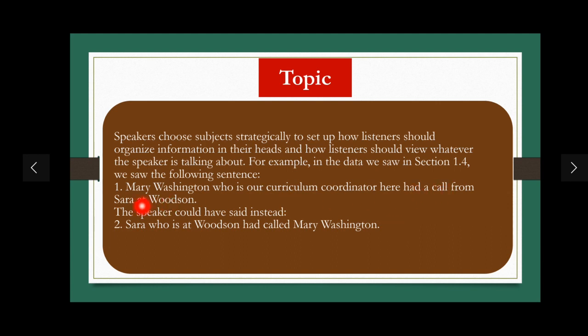In these two examples, the subjects are used strategically by the speaker. In the first sentence, when we say Mary Washington had a call from Sarah in Woodson, you see that the topic or the focus of attention is Mary Washington, right? She received a call, had a call from Sarah.